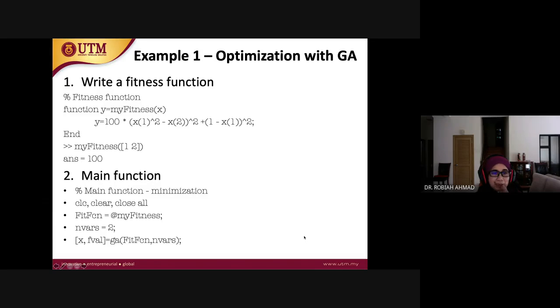Okay, in order to do that, just the same as what we did with the previous optimization tools, we must have one file for the function and one file for invoking the GA. So can you do this in Matlab now?